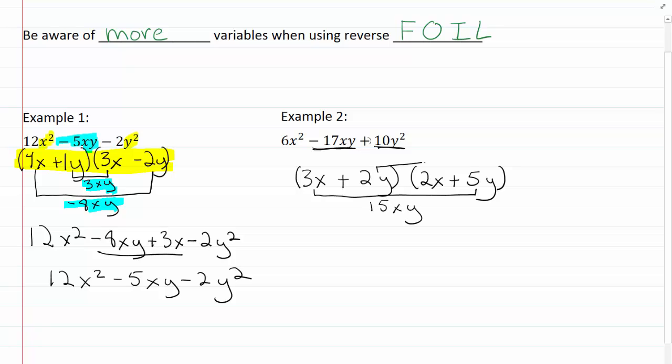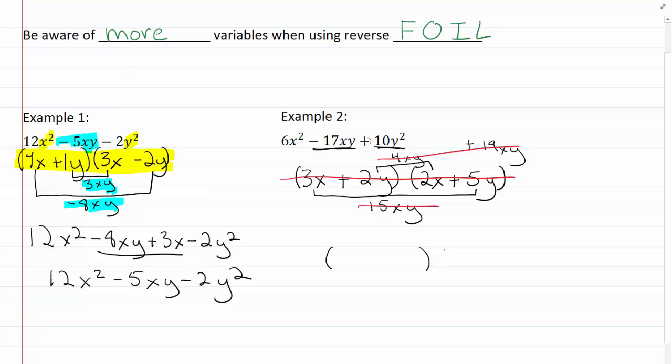When we multiply together our inside terms, we're going to get 4xy. And you can see that when we add these two together, 15xy plus 4xy gives us positive 19xy, which is definitely not a match for negative 17xy. That's a problem. So this is not going to work. So we'll go ahead and try again with some different numbers, maybe also some different signs. See how it works out.